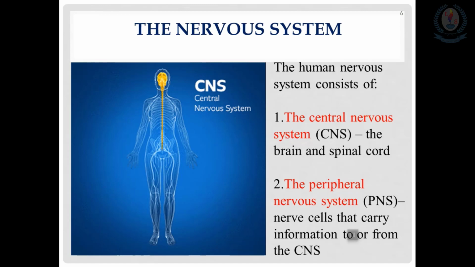It includes 31 pairs of nerves that branch from the spinal cord, which are known as spinal nerves, and 12 pairs that emerge from the brain, which are known as cranial nerves. Collectively, these 43 nerve pairs are considered as the peripheral nervous system.